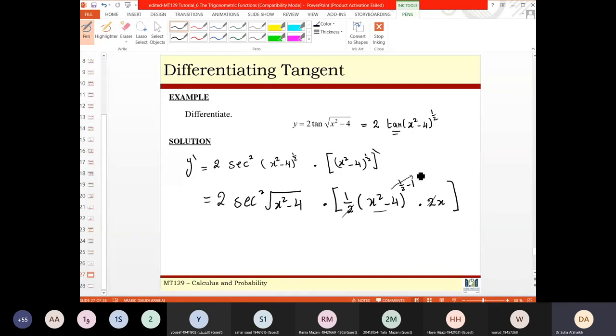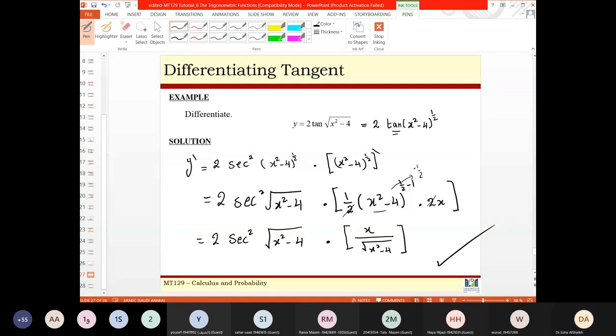And this is equal to minus half. So this is equal to 2 sec squared of the root of x squared minus 4 multiplied with, and this part is x over the root of x squared minus 4, and this will be the derivative.